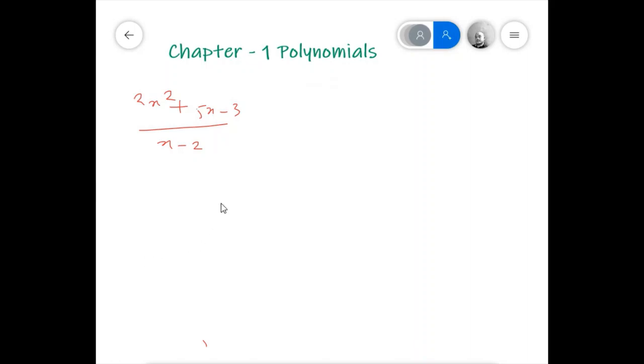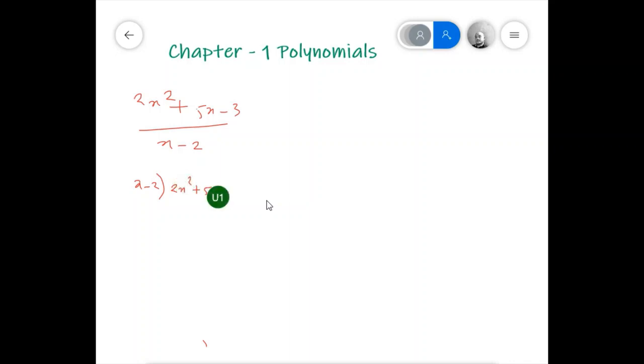So as in the simple traditional method, since x minus 2 is the divisor, we will write x minus 2, and the dividend is 2x square plus 5x minus 3.